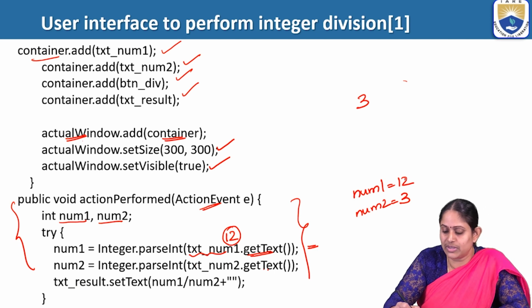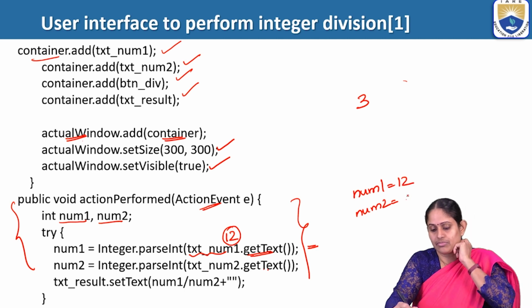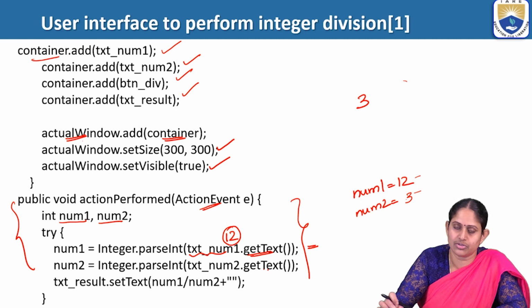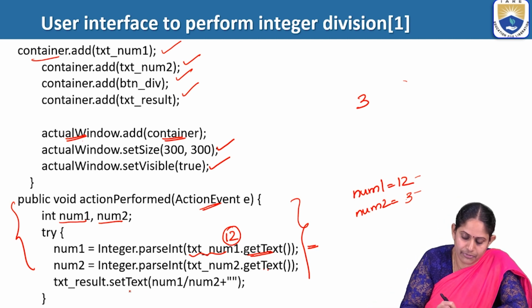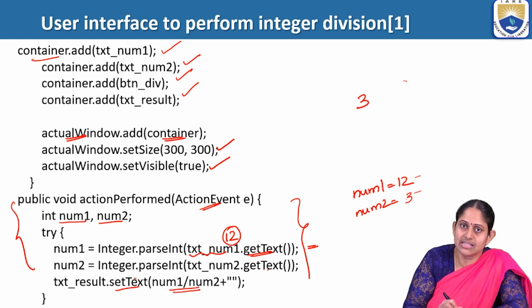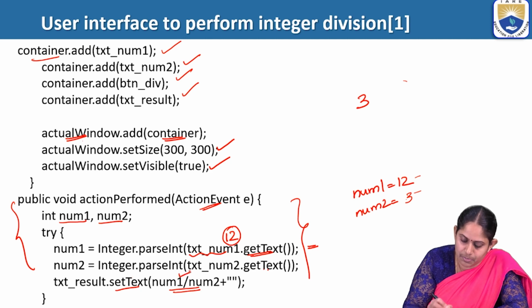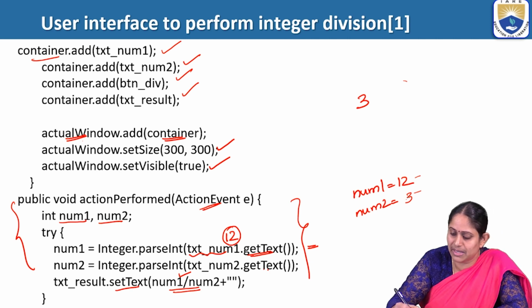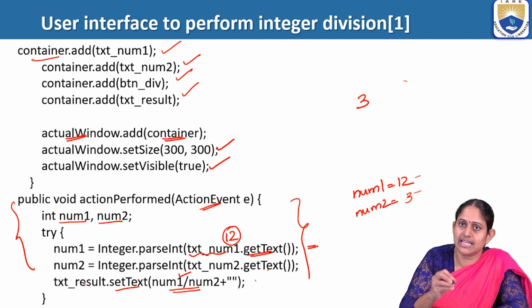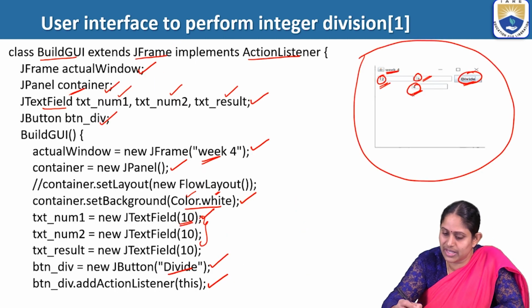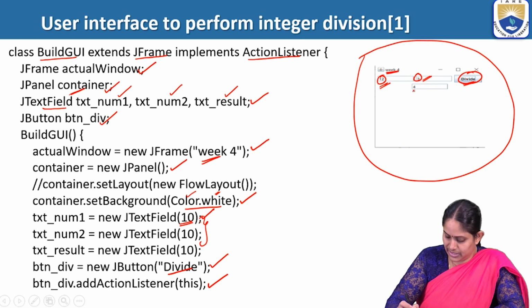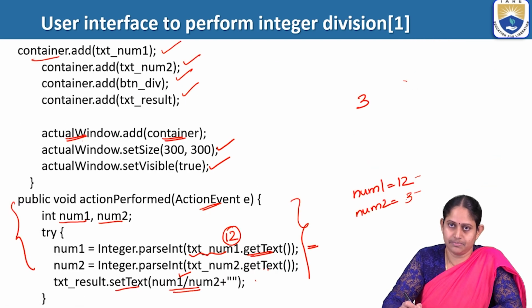The question was to divide these two numbers and store the result onto the result text field. So we perform the division, and then the setText method will store the value obtained here onto the result text field. We get 12 by 3 as 4, so the result text field value will be set to 4, and the value 4 is written onto the result text field.